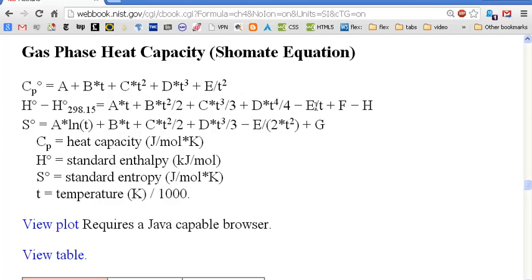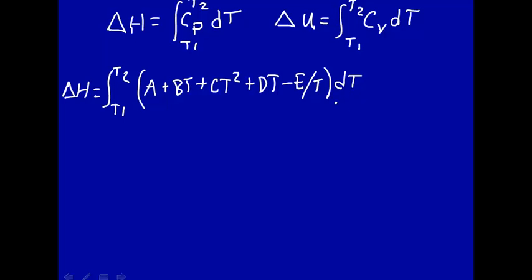Clearly I'm using the wrong one. It's late at night. I have no life here. It's Labor Day. So let me just repeat this. Yeah, okay, plus E over t squared. There we go. That's the right equation, dt. So we just put in the heat capacity, what this is.